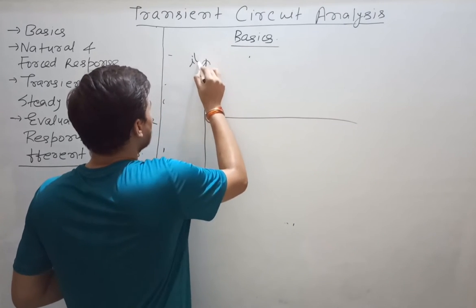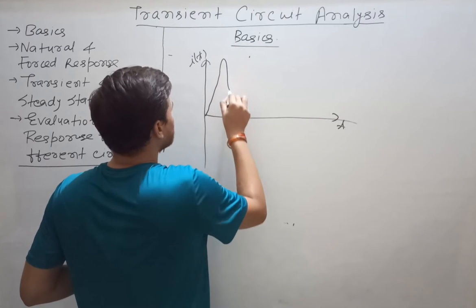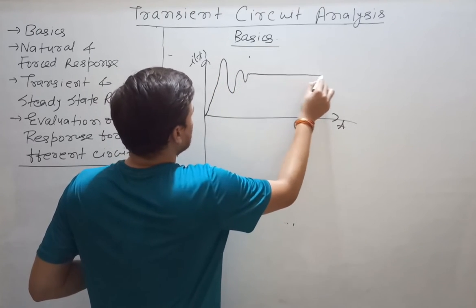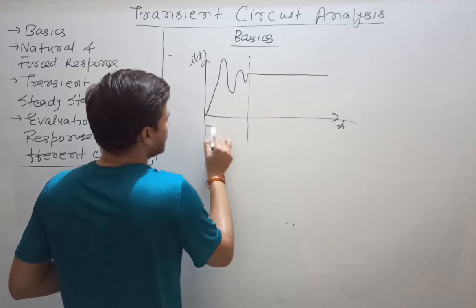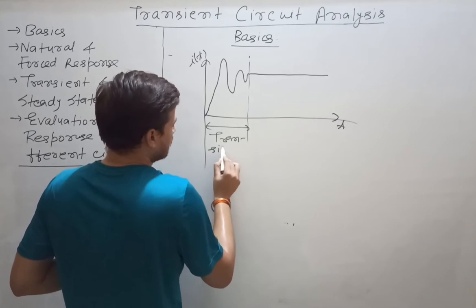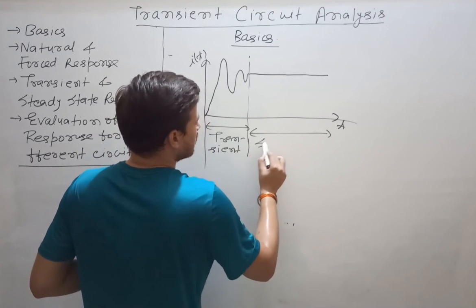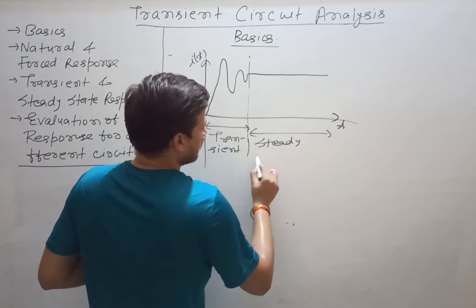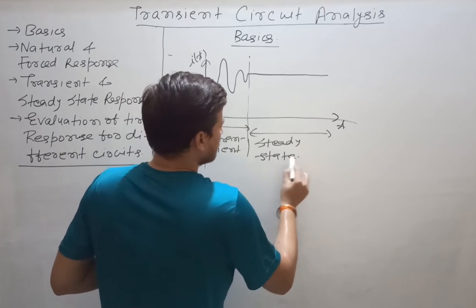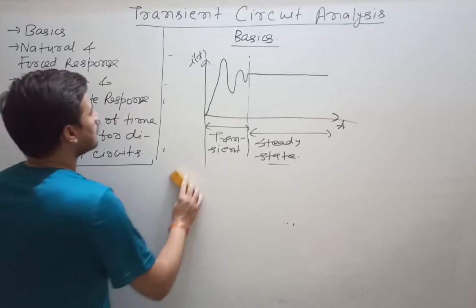Suppose this is current i(t), and this is the time axis t. This period is called the transient period, and after this the whole period is called steady state.